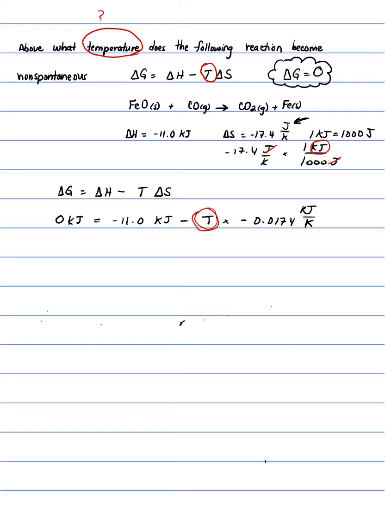Right here. So I'm going to start by moving my 11 kilojoules to the other side. So I have my 0 and then the negative 11 kilojoules on the right side of my equation. To get rid of that one, you have to add 11 kilojoules.